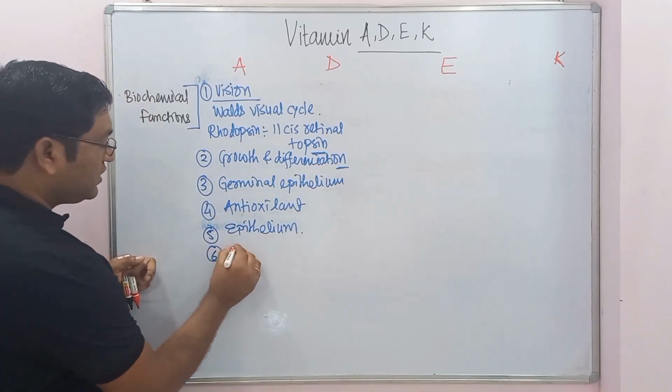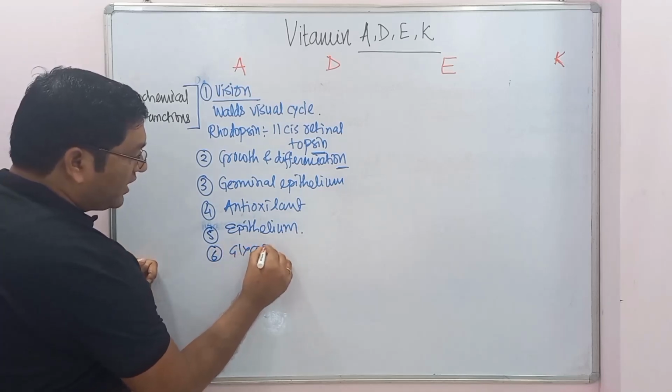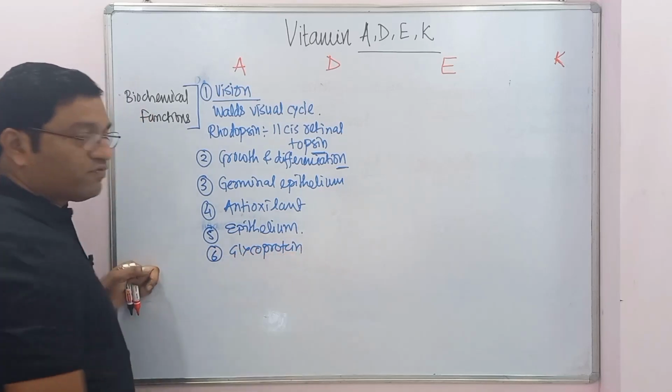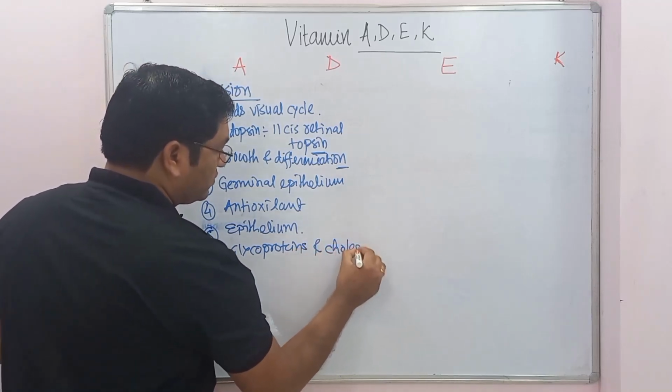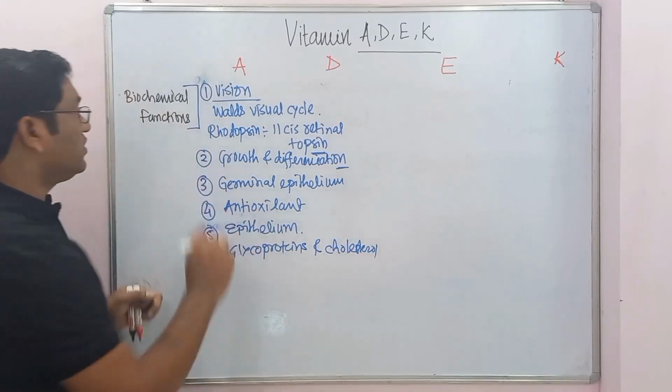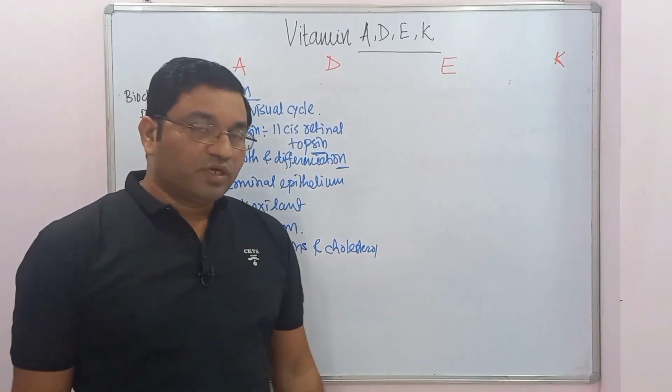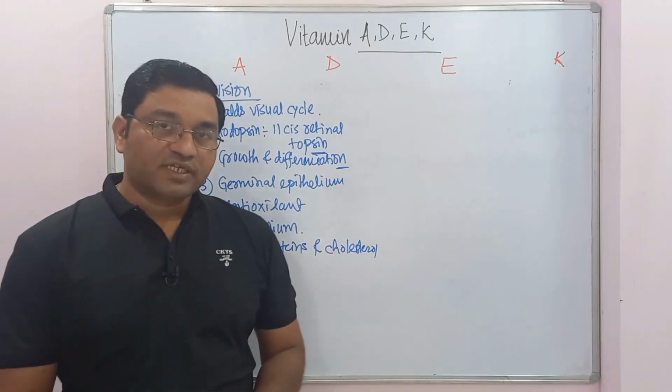Also it is important in synthesis of glycoprotein, so it is important in mucus formation, and it is also important in synthesis of cholesterol. So these are the important functions of vitamin A. The main one is vision, Wald's visual cycle.